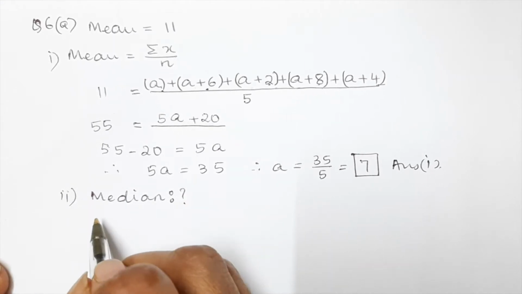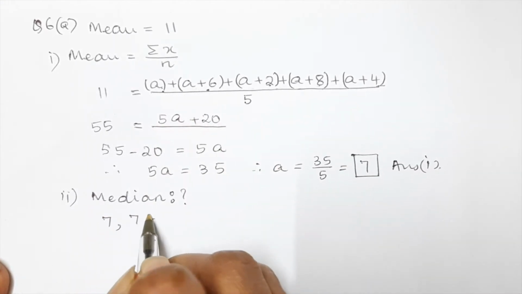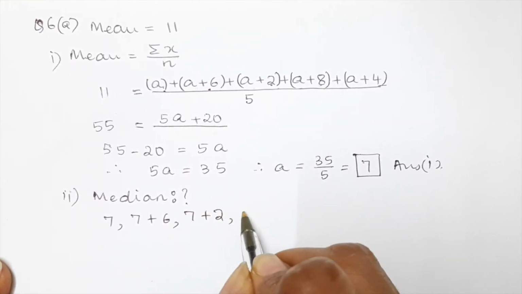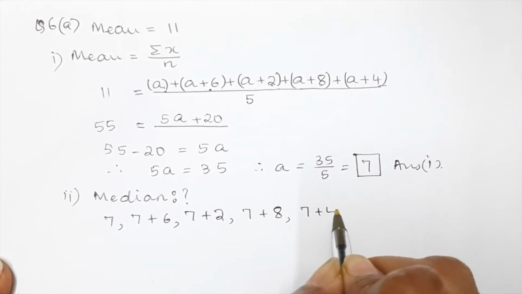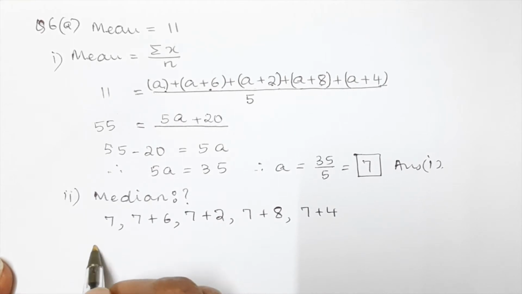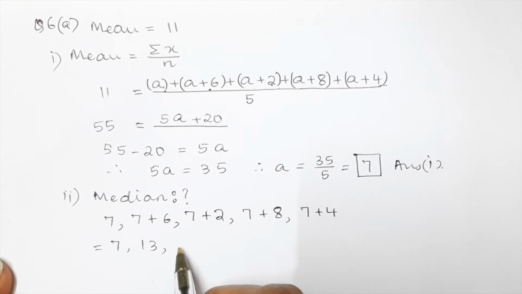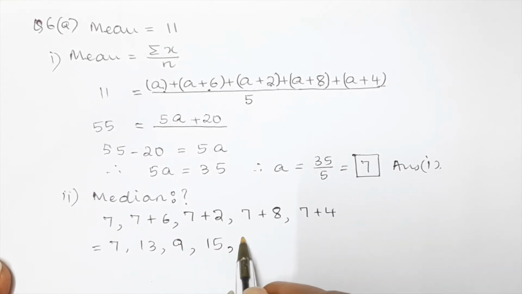Okay, so we are going to write these values as 7, then 7 plus 6, then 7 plus 2, then 7 plus 8, then 7 plus 4. So these are the 5 values which are given to us. So that will be 7, 13, 9, 15 and 11.